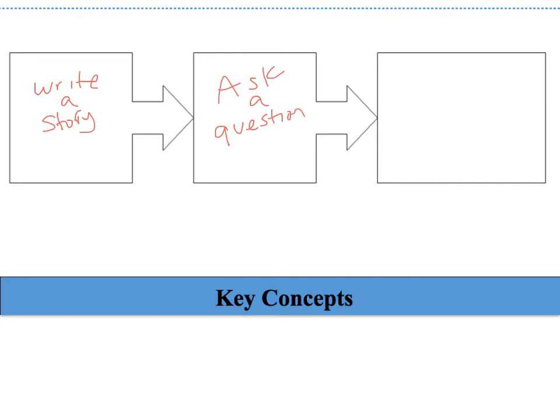And the last part is to interpret the solution. Basically the word interpret is a fancy word for saying, like, what does the answer mean? So we're going to use these key concepts to go ahead and write story problems for the following examples.